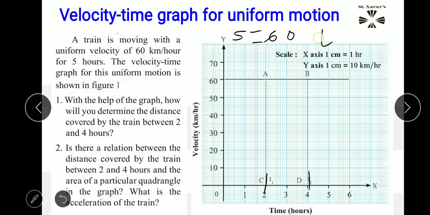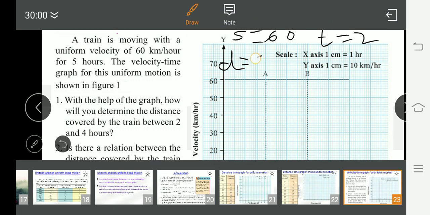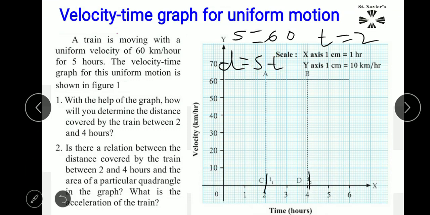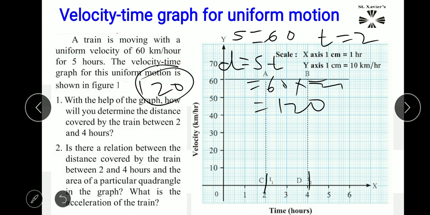So time is equal to 2 hours, students. So we can say distance is equal to speed into time, which is 60 into 2, equal to 120, students. So by using the formula we get the answer 120.